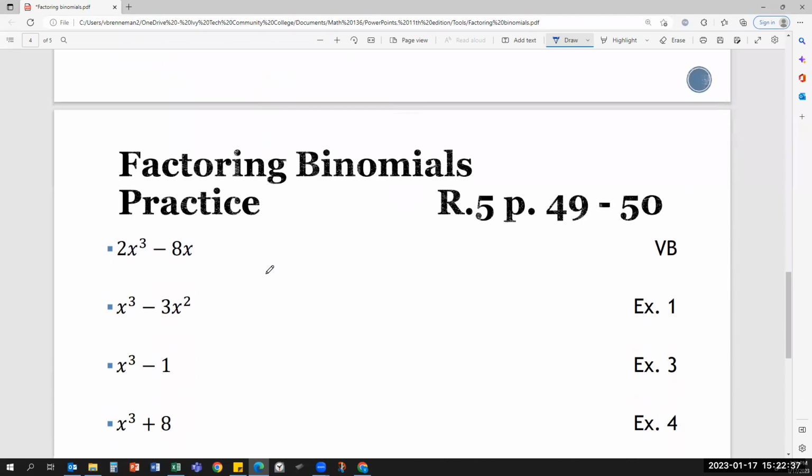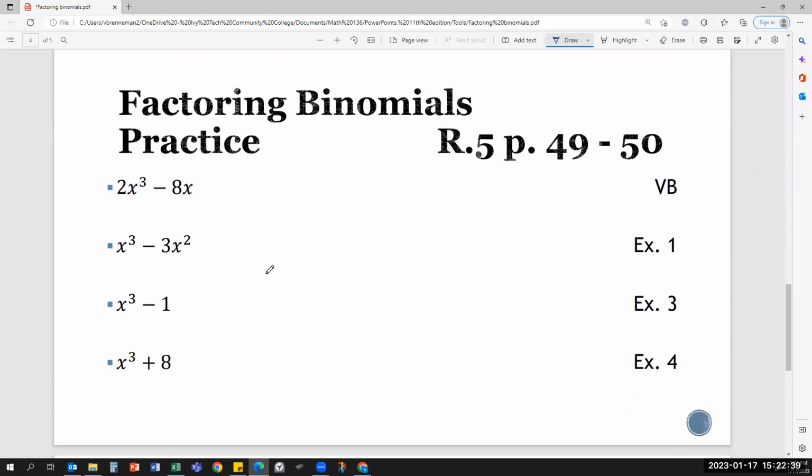All right, then we have 2x cubed minus 8x. Don't just see that cube and immediately think difference of cubes, because 8x isn't a cube, so x by itself isn't a cube, 2 isn't a cube, but what we do have is a factor of 2 in both terms and a factor of x in both terms.